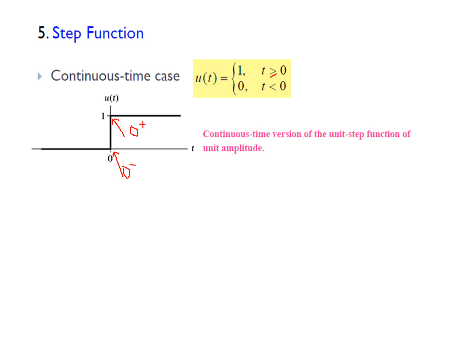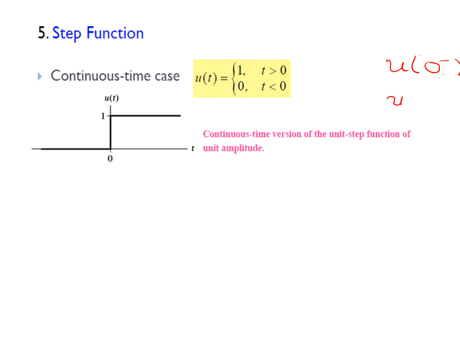That is, u at 0 minus is equal to 0. Once again, u at 0 minus is equal to 0.